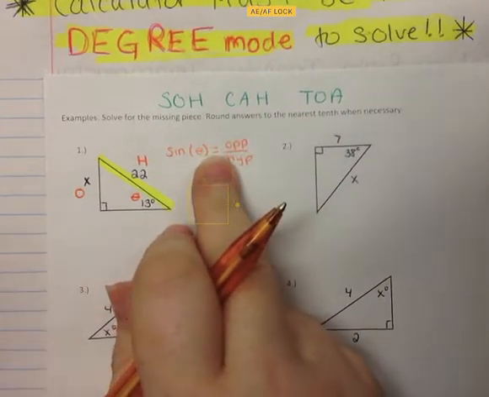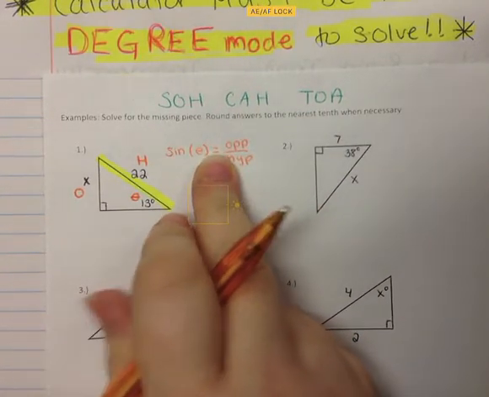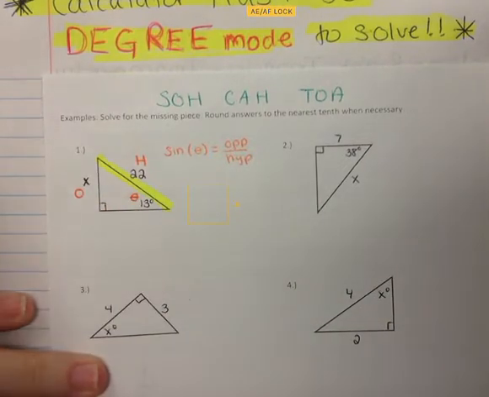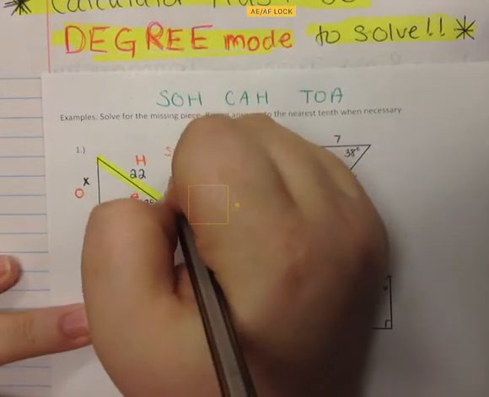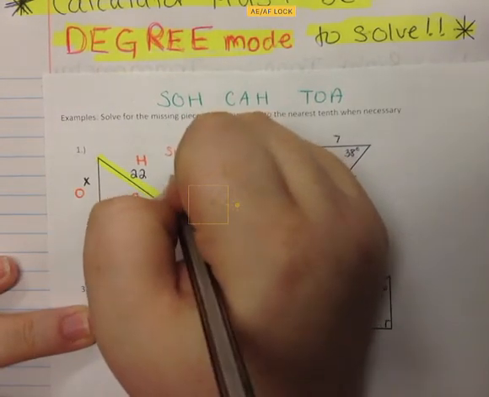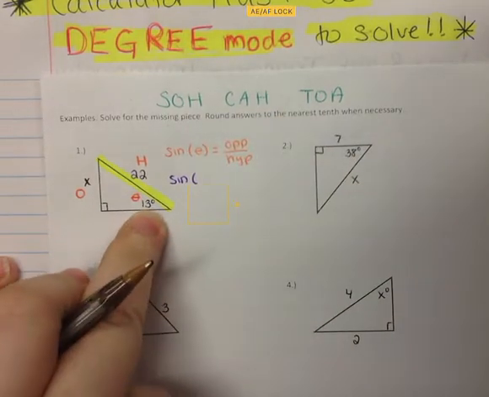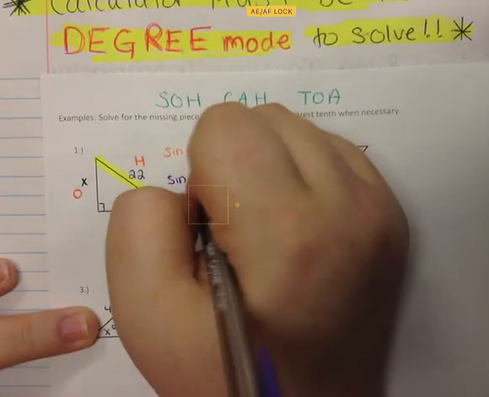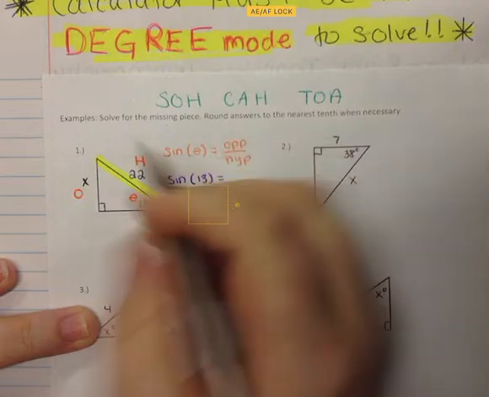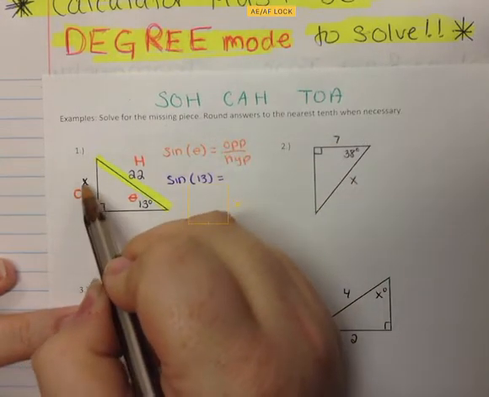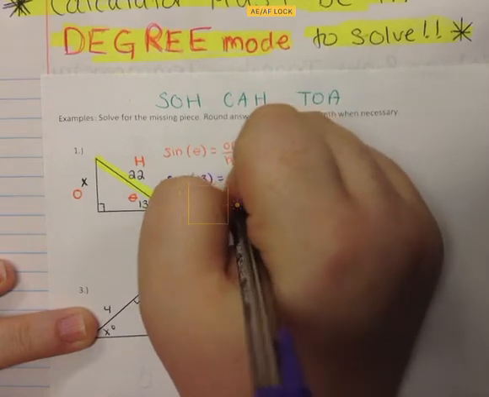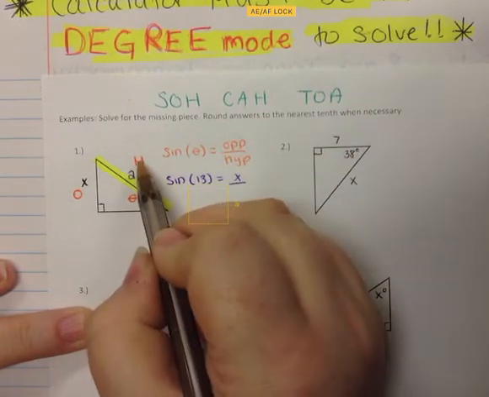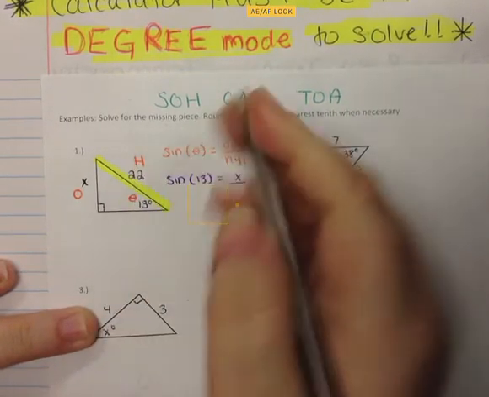Now that we have our actual trig ratio set up, we can start plugging things in. So I'll do sine, that trig has to stay the same, so it's sine of our theta, we labeled as 13, is equal to. Our opposite is our O, that's actually x. That's what we labeled as our opposite. X over hypotenuse is H. That's where the 22 was.